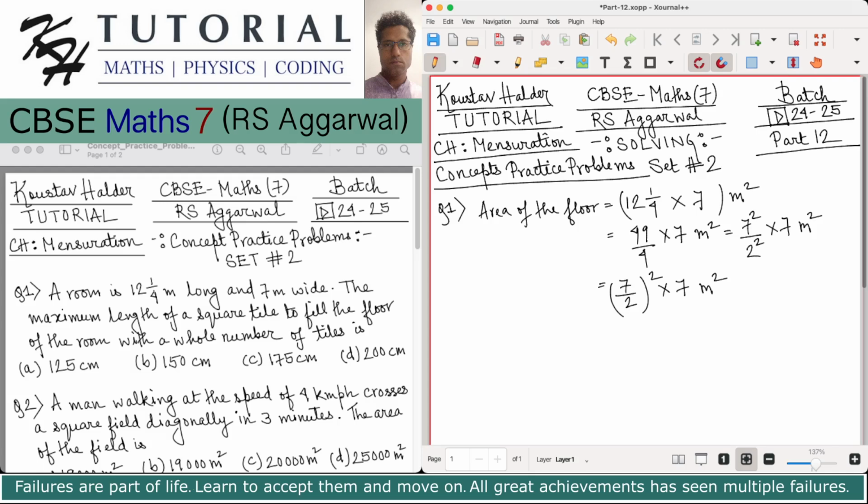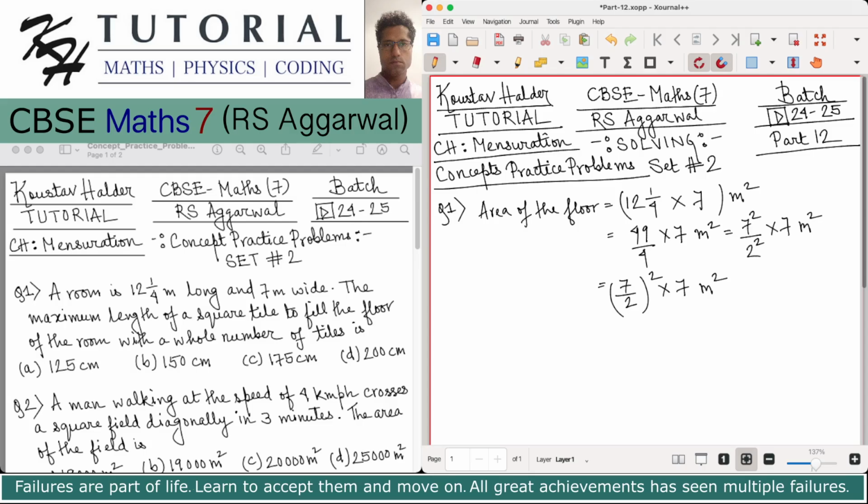But is there any possibility that we can consider a greater length, a larger length of the square tile, so that a whole number of such square tiles will fill the entire area of the floor?